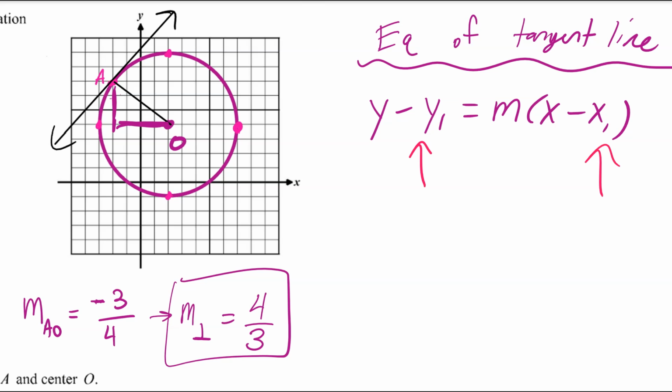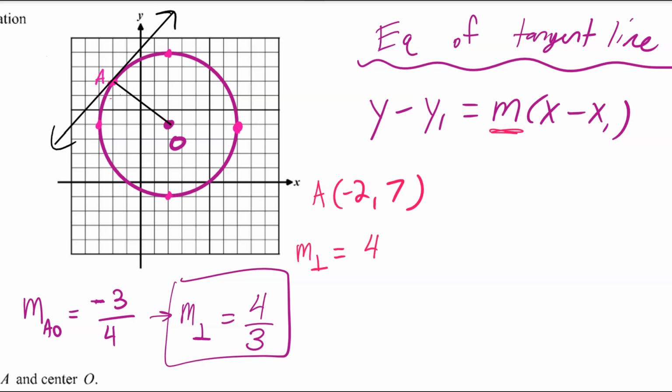That's what x1, y1 represents. And if I'm looking at my graph here, I absolutely know a point that's on the line. I know that's -2, 7. And you would also need to know the slope, which, again, since it's perpendicular to the radius, I already know that's 4/3. So it's just a matter of substituting in those pieces.